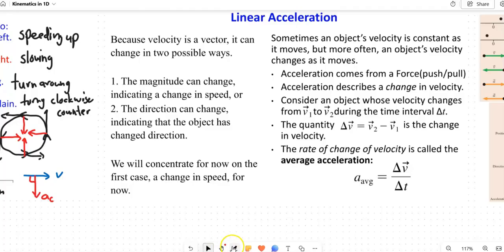So right now, until the end of class, we're only going to be dealing with velocity vectors and acceleration vectors that are parallel to each other. This would be speeding up while moving to the right. This would be slowing down while moving to the right.